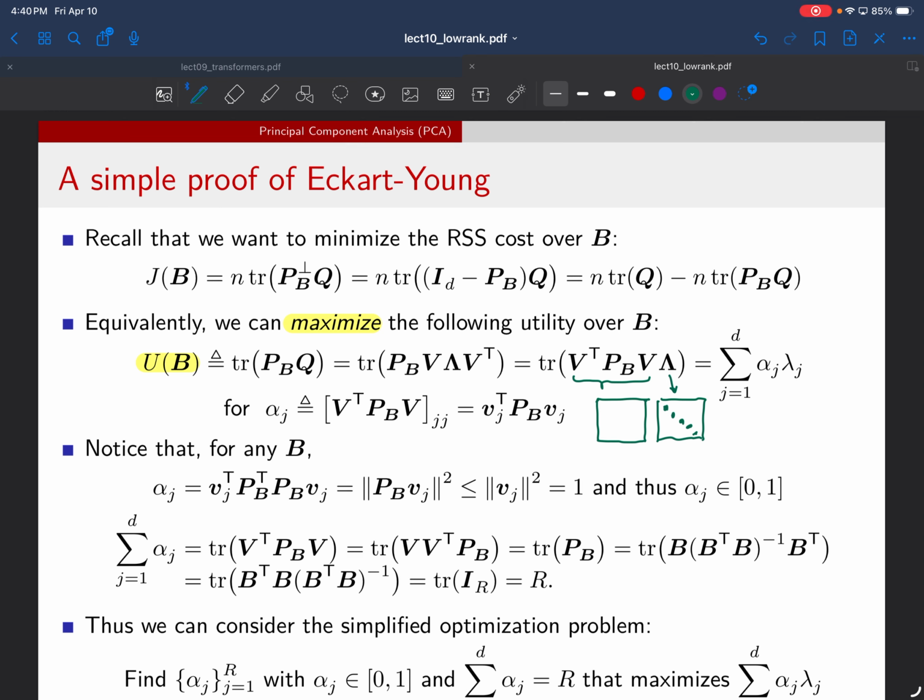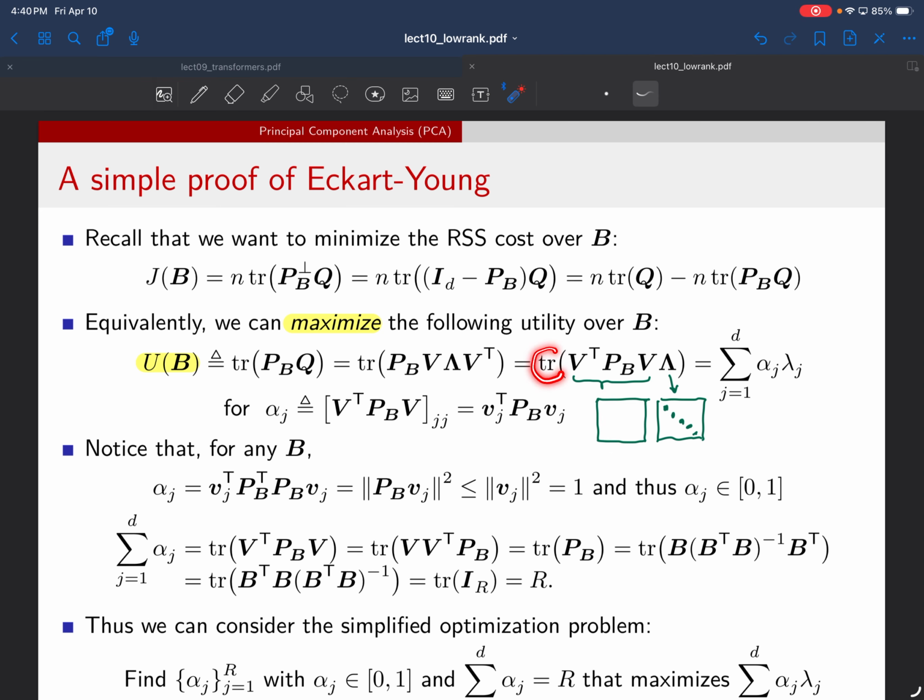And at the end of the day, we're taking the trace of this times this. So if you think about what happens in this trace, this matrix multiply basically causes this first diagonal element to multiply this column, the next one will multiply this column, and so on.